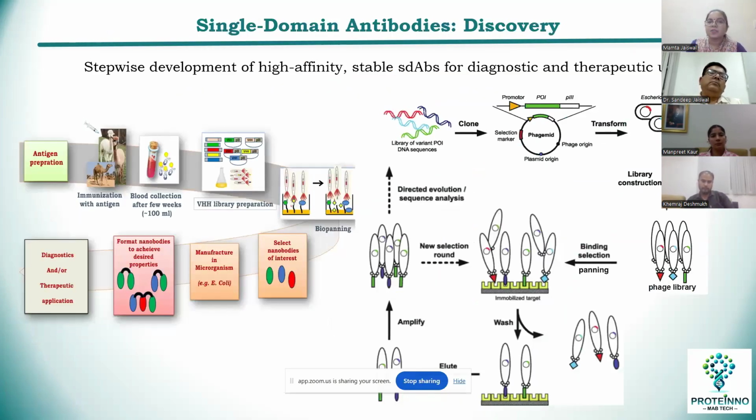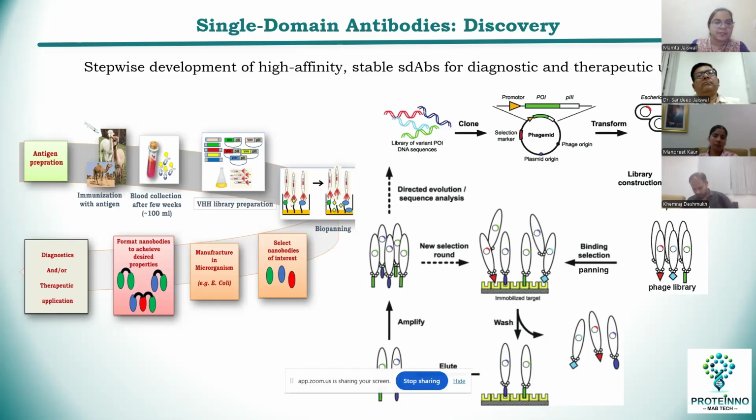For single domain antibody discovery and development, there are two different phases. First is discovery, and once we have the target molecule, it goes to the development part. For the discovery part, we prepare antigen and immunize the animal. It could be alpaca. In India, alpaca is not possible, so we partner with companies abroad.